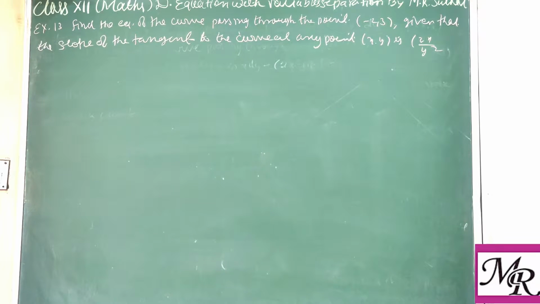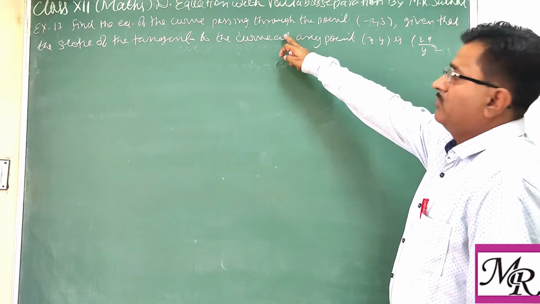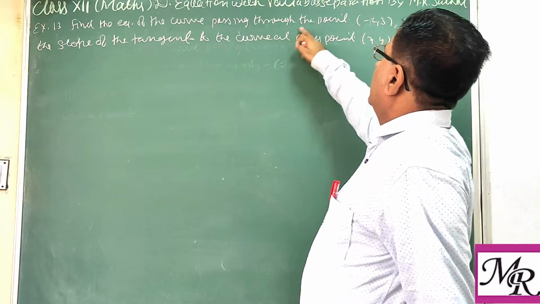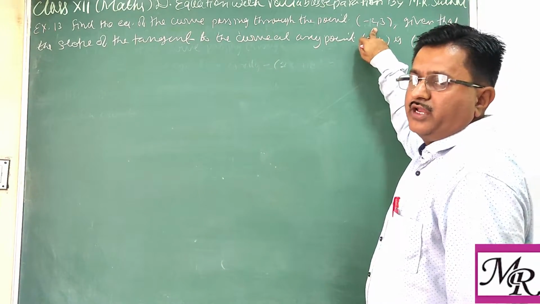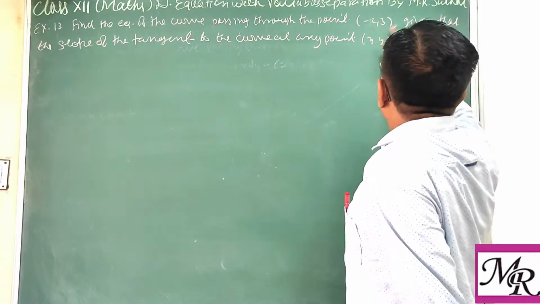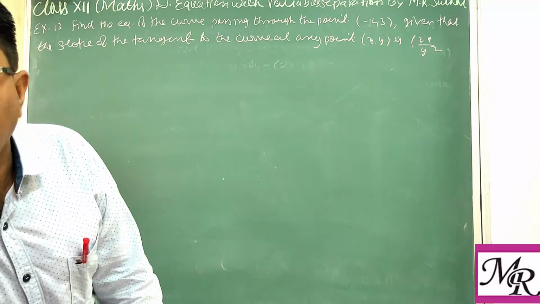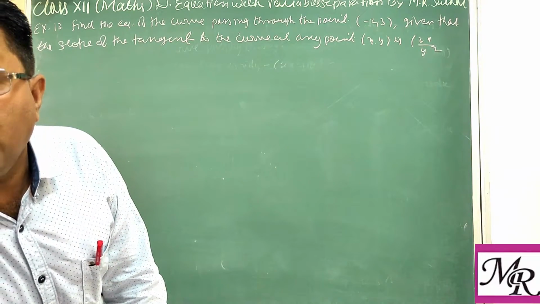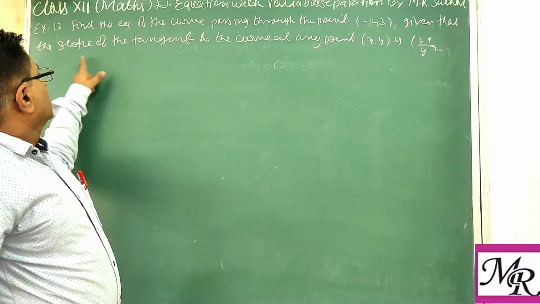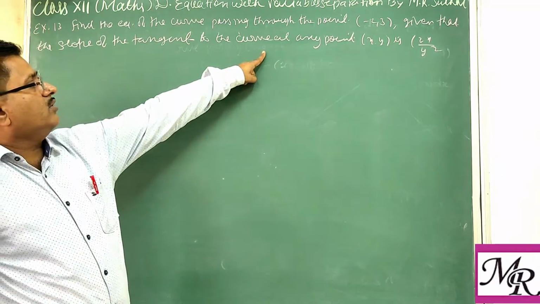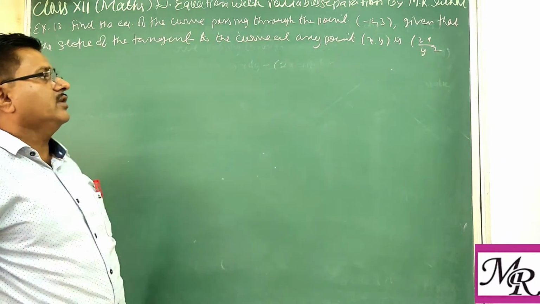The next question states: find the equation of the curve. As in the previous case, we also have to find the equation of a curve passing through the point (-2, 3). We are given that the slope of the tangent to the curve at any point (x, y) is 2x/y².